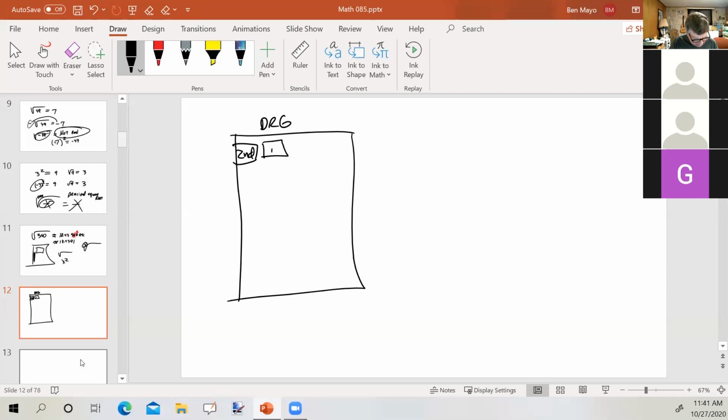Is that true on your calculators? No, I don't have any DRG. Okay. I have mode right next to the second. Okay. You got mode. Okay, great. So is mode the first button, or is it the second function of that button? It's the first function. First button. Okay, push that button. What does it say? What options does it give you?